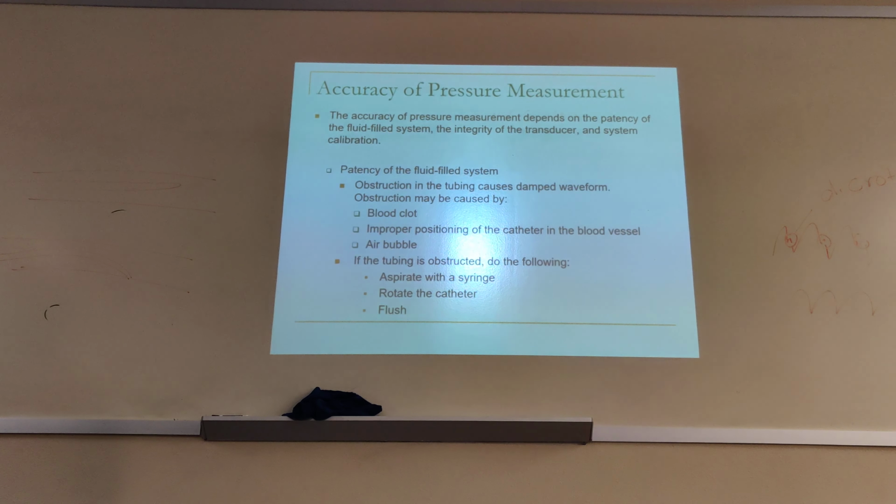We pull on it with the hope that the obstruction at the tip of the catheter will follow the blood flow and go into the syringe. You clear the line that way, and you will know it's out because you're going to have a normal waveform again and a new pressure with it. That's the first thing to do.